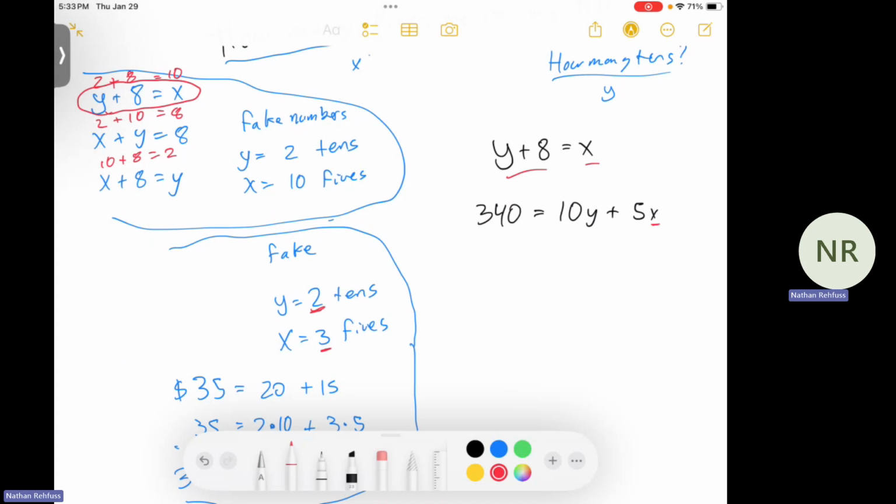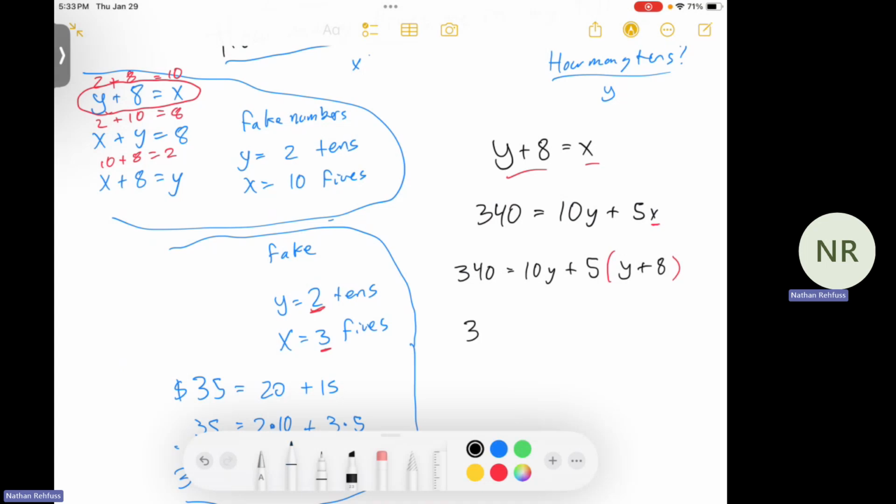Where I see x, I'll replace it with y plus 8. Then I'll have an equation with just one variable. So 340 is 10y plus 5 times, and now we need these parentheses. All of x got multiplied by 5, and x was y plus 8. So both the y and the 8 need to be multiplied by 5.